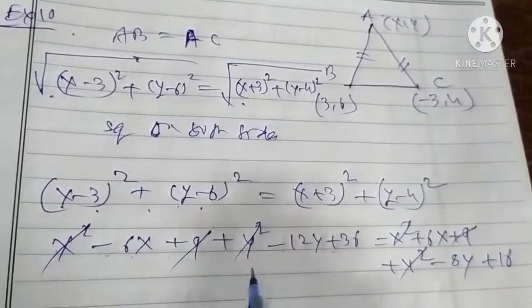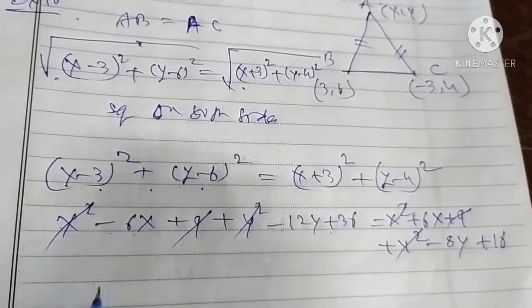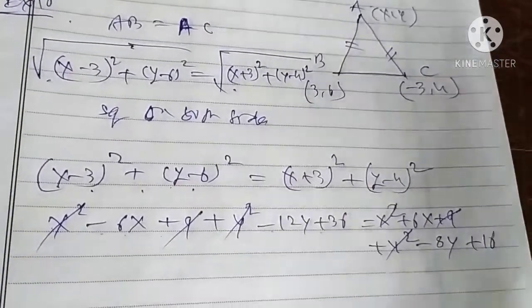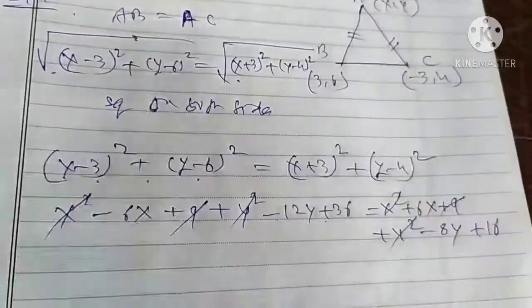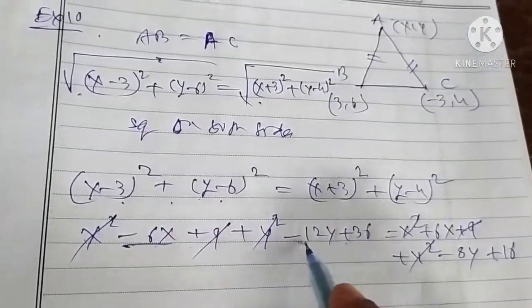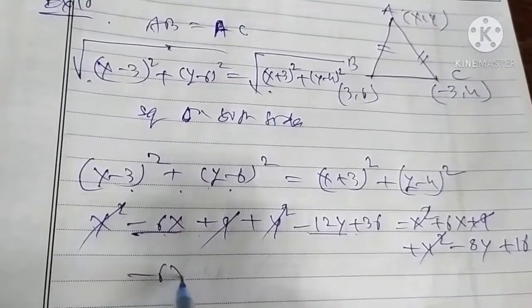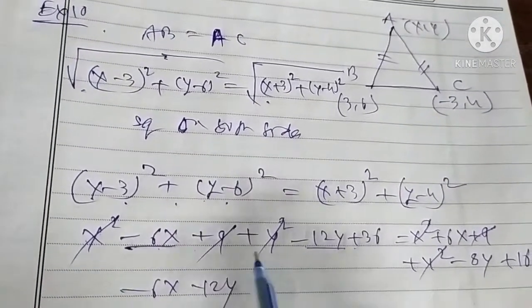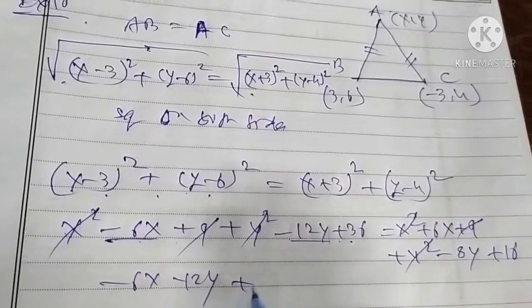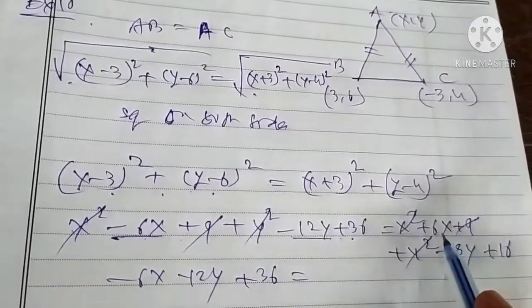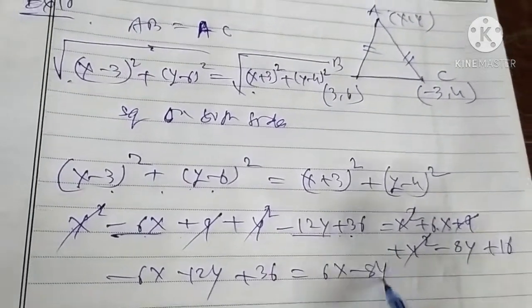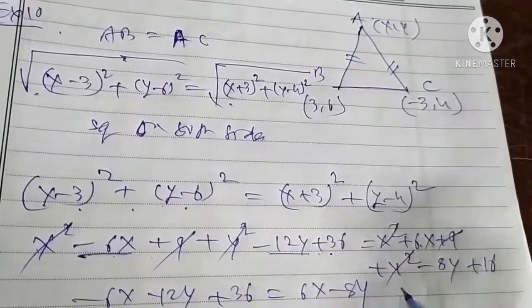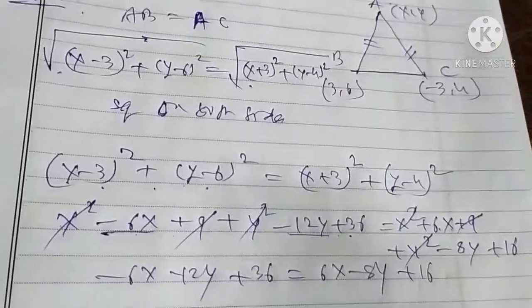Now let us see, we will bring terms containing x to one side and terms containing y to the other side. We will bring the terms containing variables to one side: minus 6x minus 12y, plus 36 equal to 6x minus 8y plus 16. Clear?